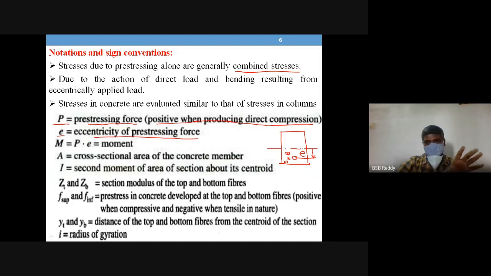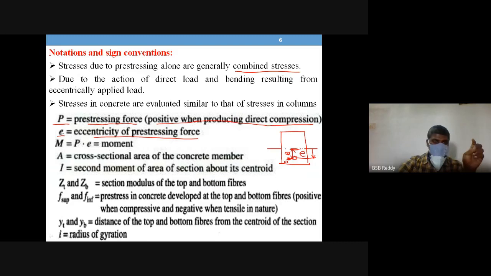So CG of concrete, CG of steel, and the distance between them is the eccentricity.